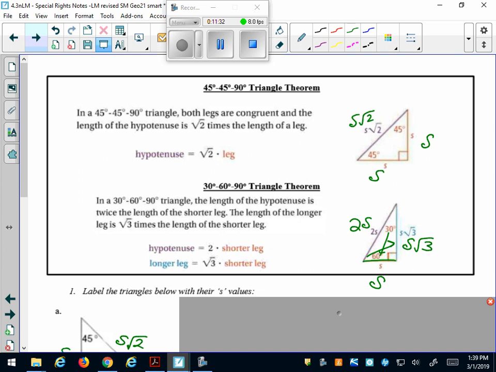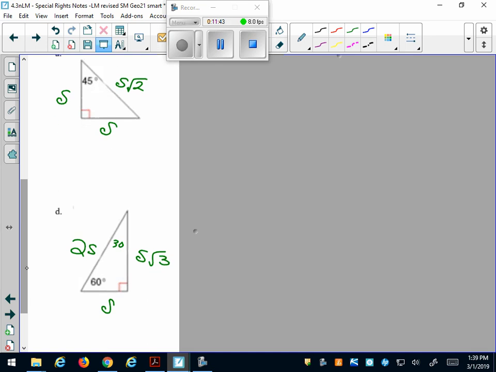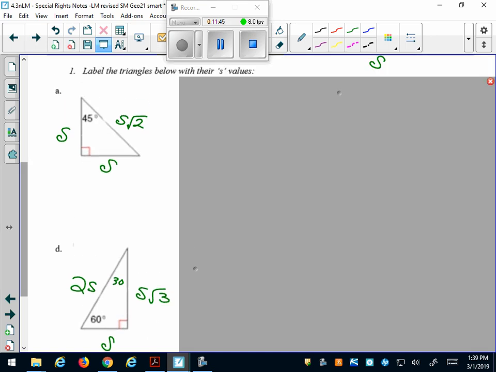So you always have to look at it in reference to what angle is across from it, or opposite from it. Okay, so when we get to a triangle where we're trying to solve for a side, we're going to label the sides S, S, and S root 2 for 45, 45, 90s, and S, 2S, and S root 3 for 30, 60, 90s.